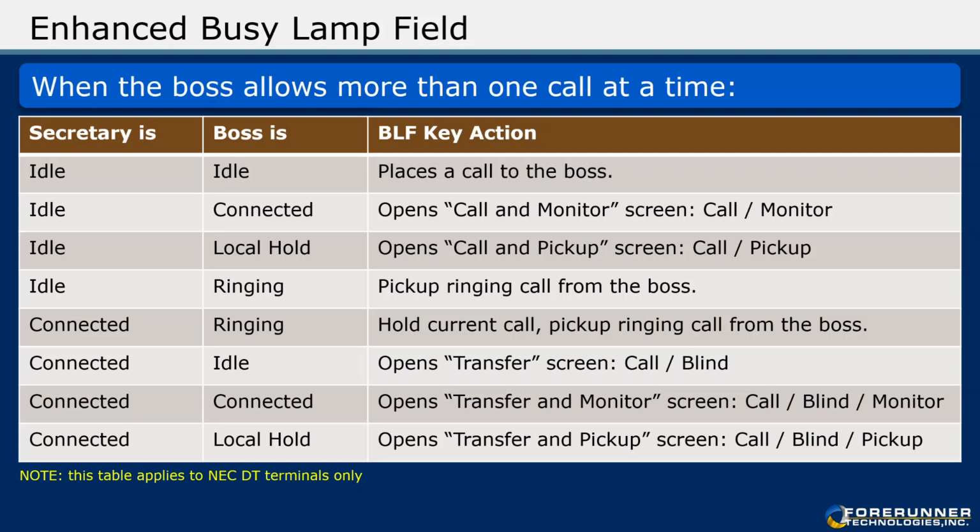And if the boss has a call on hold and the secretary has a call, then there is another option like pick up that call on hold. As you can see, the CDT terminal, using the ability of the screen and the soft keys, is able to do a lot of things depending on the state.